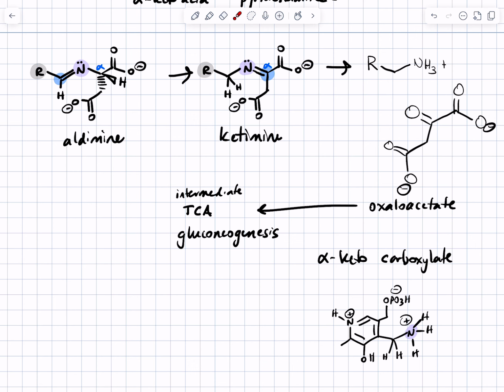Okay, so if you were saying, well, how much ATP do you get from oxaloacetate? Well, by metabolizing it, none, because it just becomes an intermediate in the citric acid cycle.